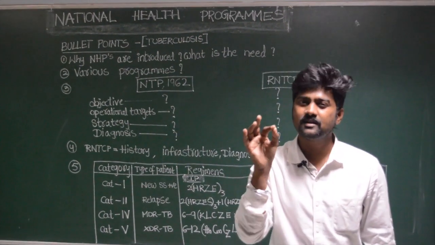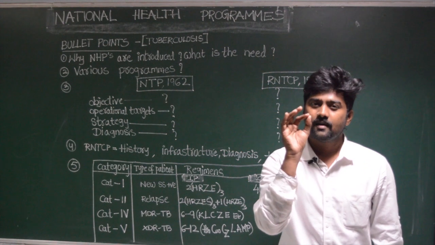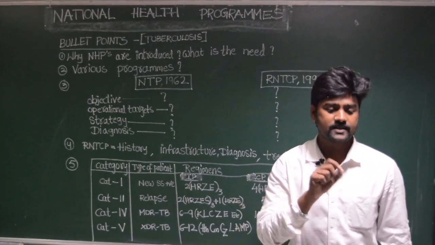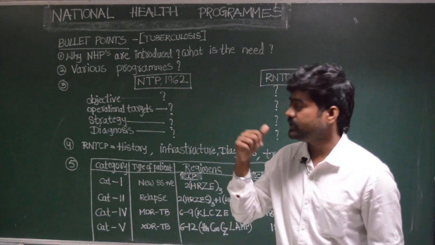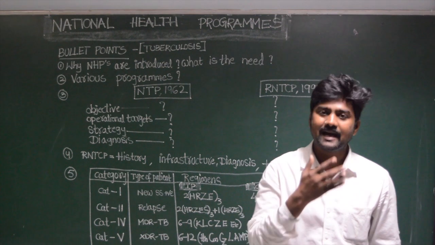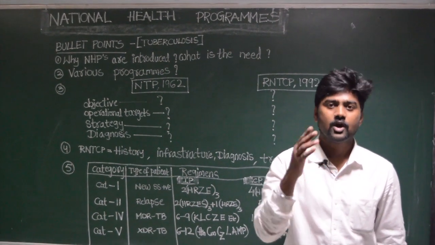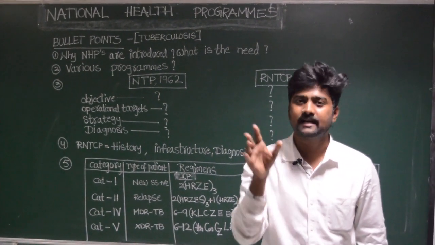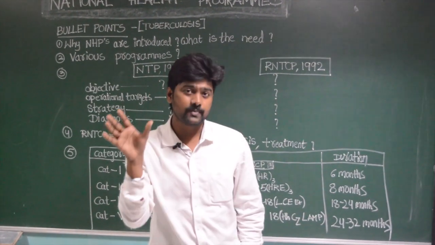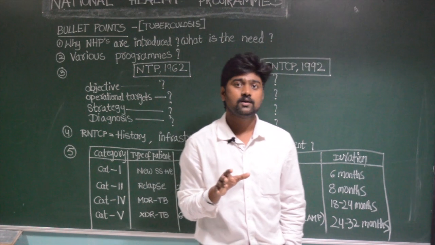The major hurdle for this program was that persons were developing resistance to the drugs, which was a major threat in the case of NTP. So the Government of India, with the alliance of WHO, UNICEF, and also SIDA, introduced RNTCP in the year 1992.